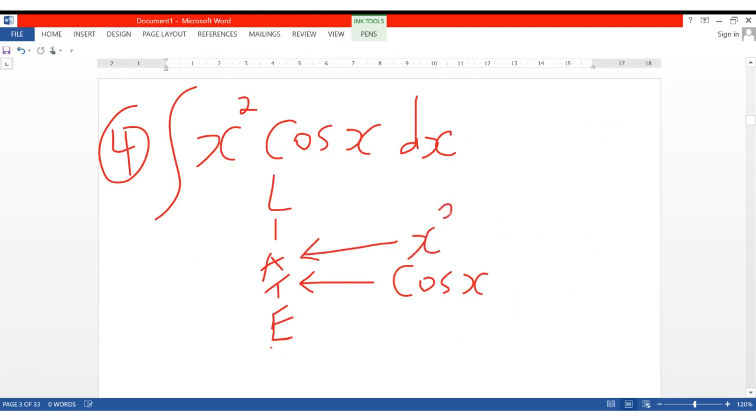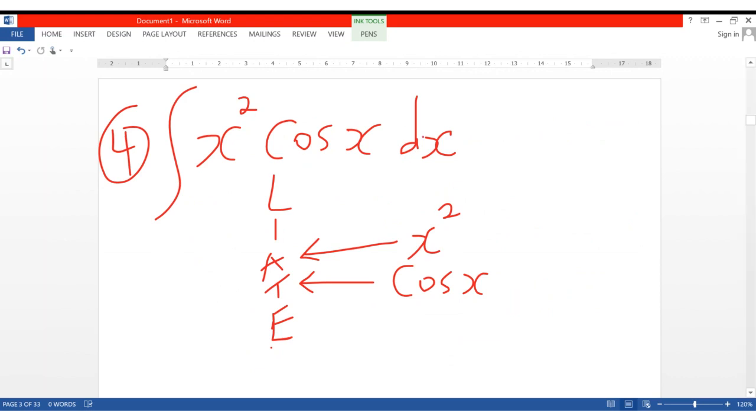So you identify where the functions are falling. So we had said x squared, x to power 3, x to power 5. Those are just algebraic functions, they are just polynomials. Then the T stands for trigonometric, the E stands for exponential, the I stands for inverse, and the L stands for log.